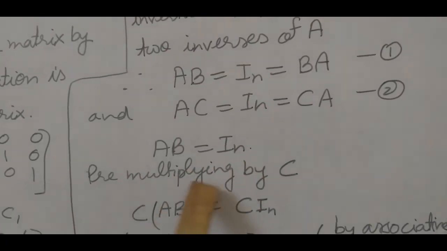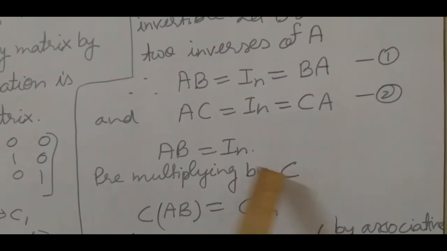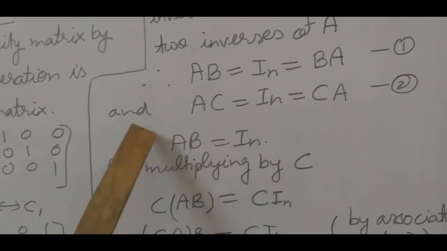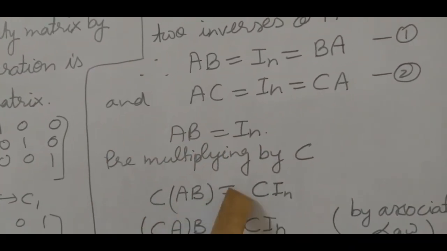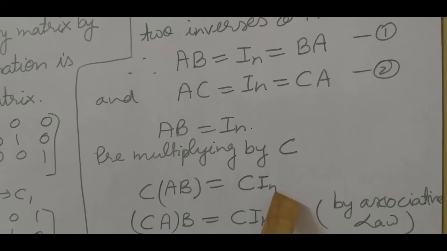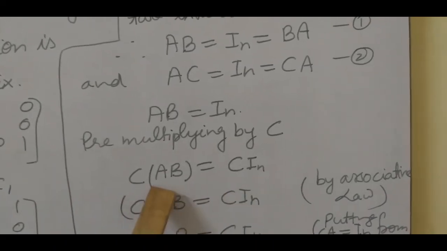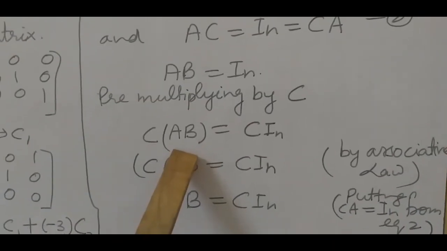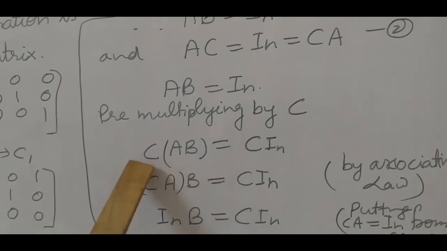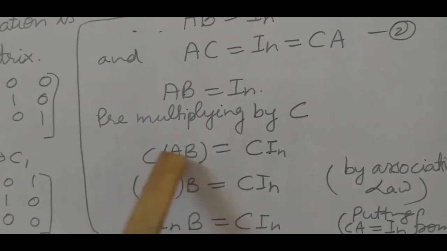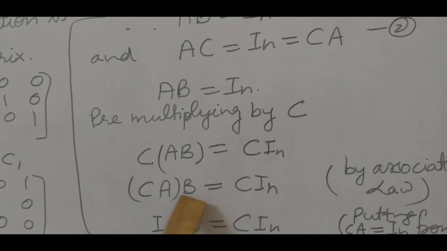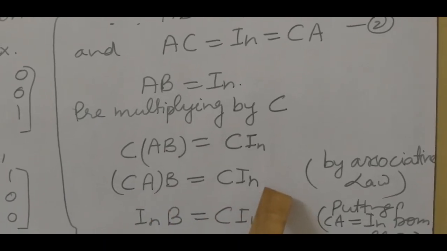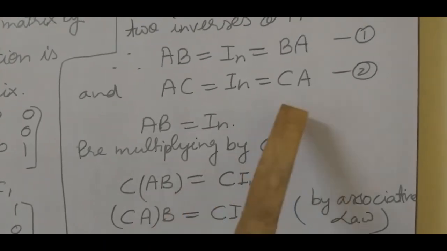Now pre-multiplying by C, I am going to multiply this by C, students. So CAB equals CIn. Now I am going to use the associative law here, students. So I am going to write CA together, and B outside, equals CIn.